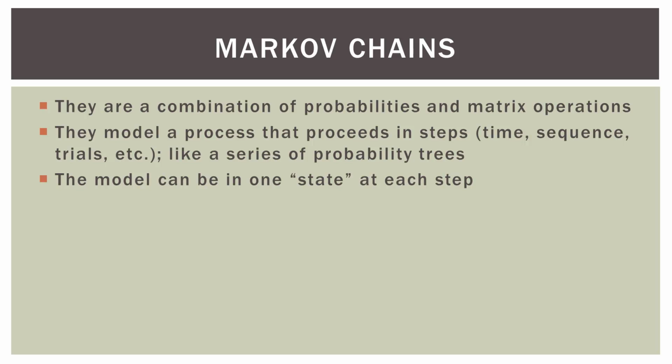The model can be in one state at each step. In these problems, we had 2 states. So in the auto insurance, we had high risk and low risk. In the basketball shots, we had make and miss. But they could be anything. They could be whether or not a customer uses ketchup A or ketchup B. That's a common one. That's a common Markov chain problem that's used in marketing type situations.